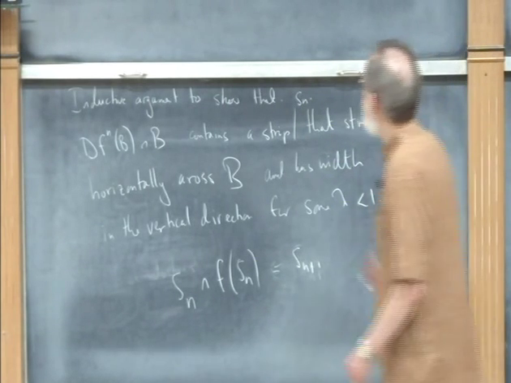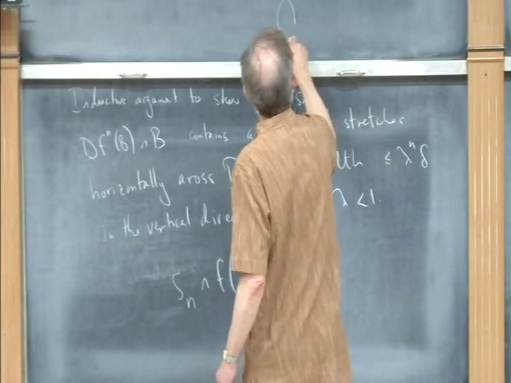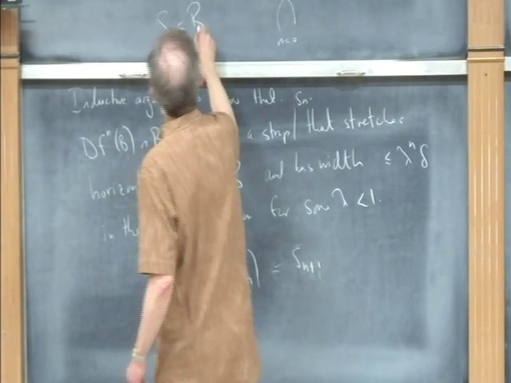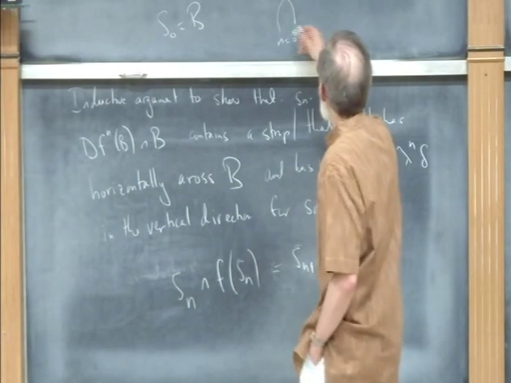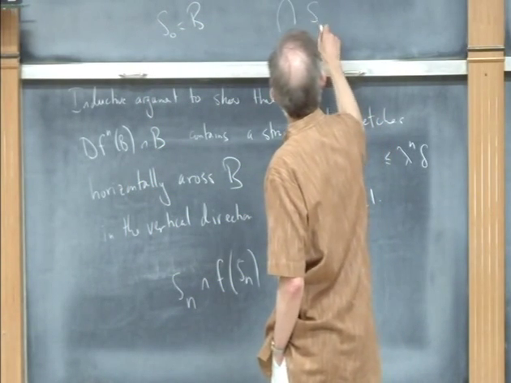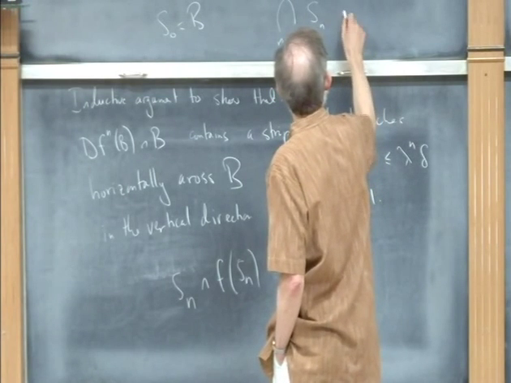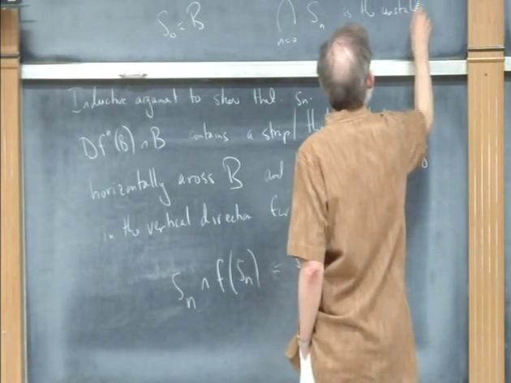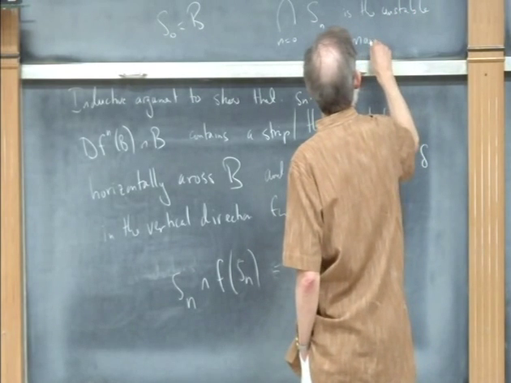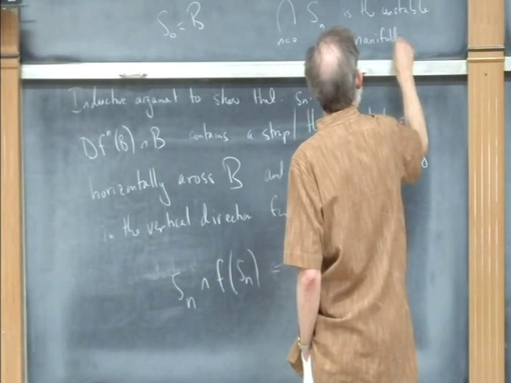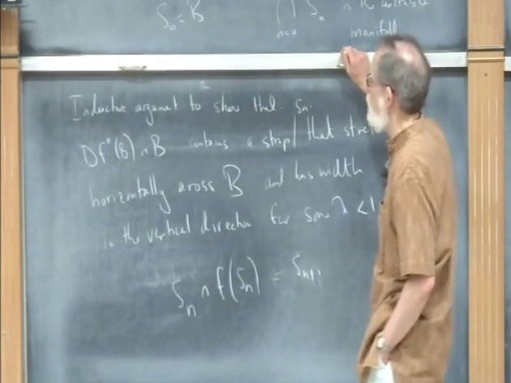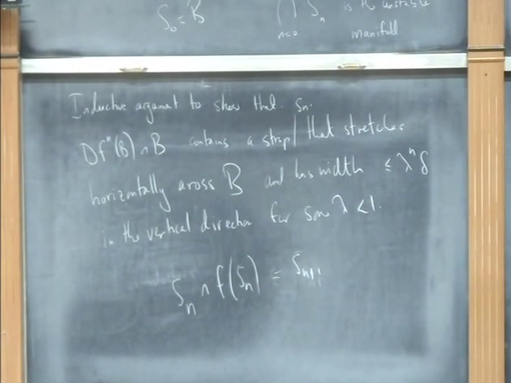So S_0 is just the whole box, and the intersection from n equals 0 to infinity of the S_n is the unstable manifold. Okay, so that's probably the simplest argument of this type.